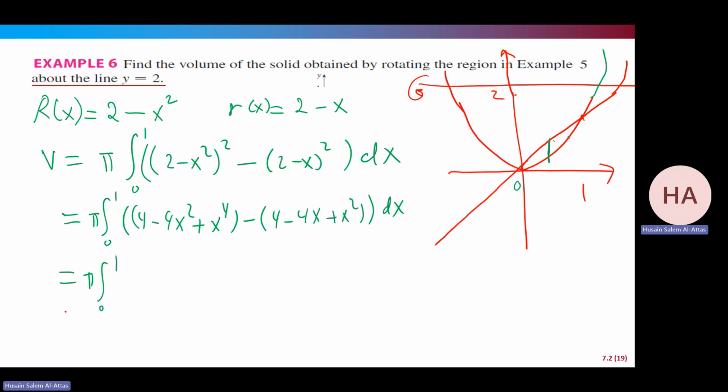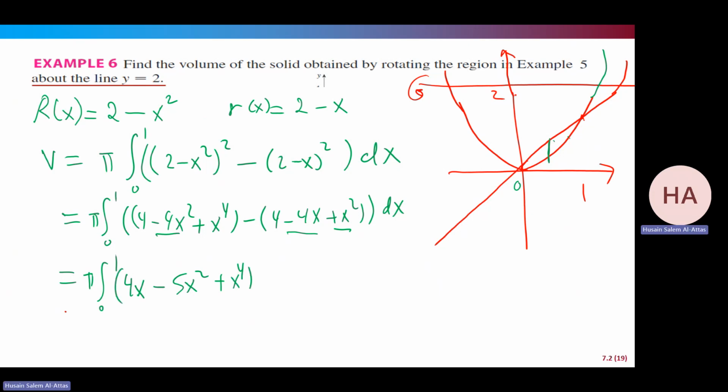I have 4 minus 4 gone, minus 4x squared minus x squared. I have here 4x, so I have 4x, and minus 4x squared minus x squared gives me minus 5x squared, plus x to the power 4, dx.